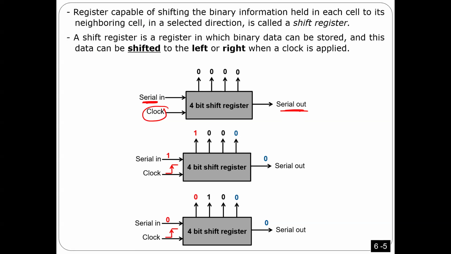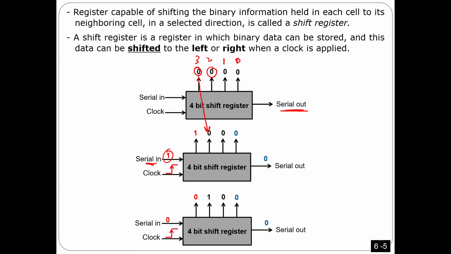As you see here, for example, in the serial input, if I input 1 here, when the clock comes, every bit is shifted. That means this bit is going to be shifted one position. This was bit number 0, bit number 1, bit number 2, bit number 3.